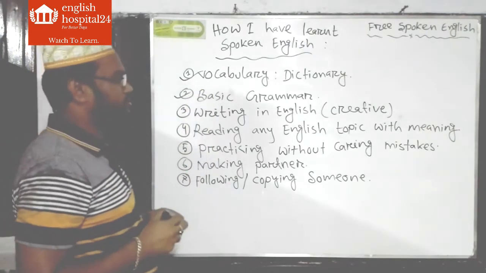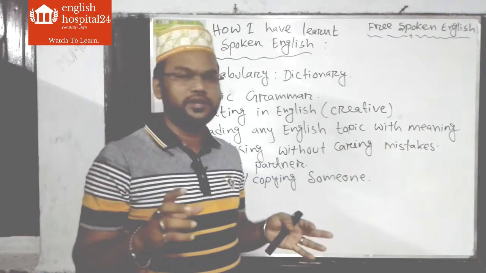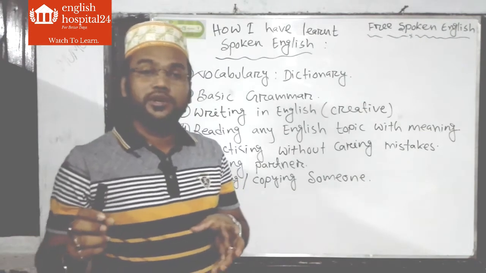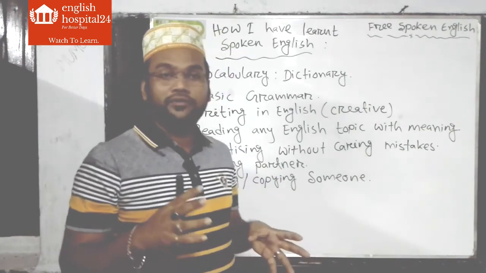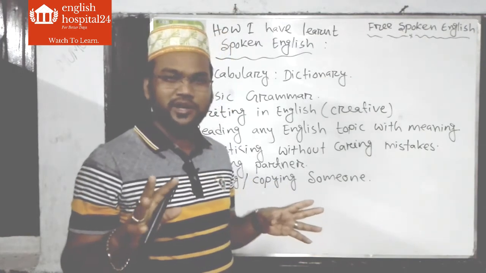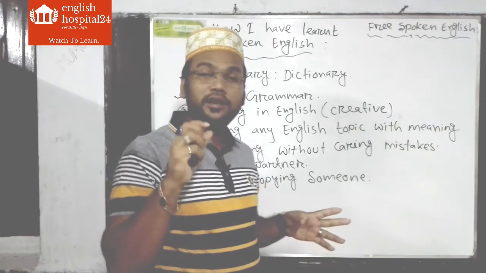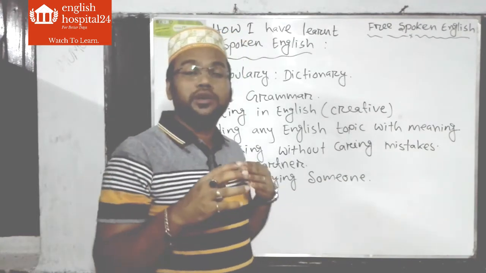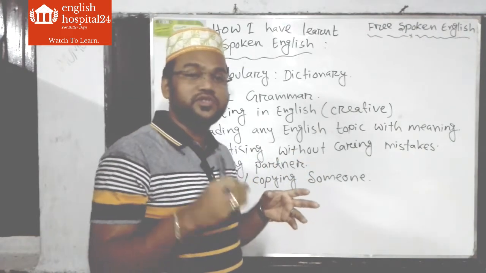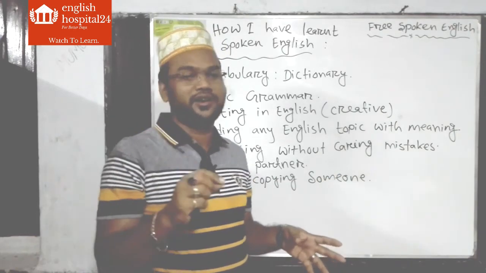Second is basic grammar. Basic grammar is a must to be correct in your spoken and written English. But in spoken English, grammatical rules are not strictly maintained. If you say "he go to market", it is clear in spoken English. If you say "he goes to market", it's also clear. In spoken English, if you can express your feelings to the listeners and your speech is understandable, it is correct.